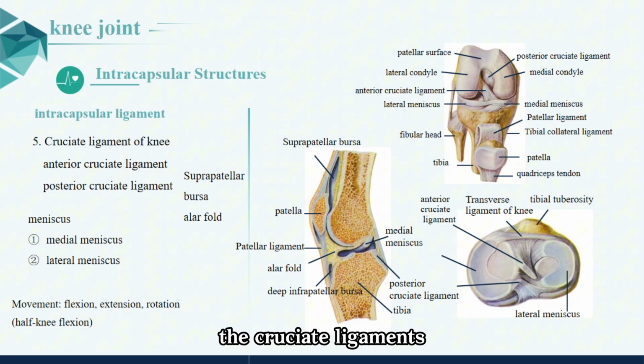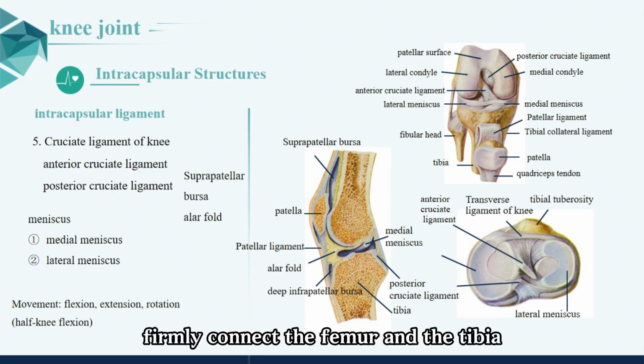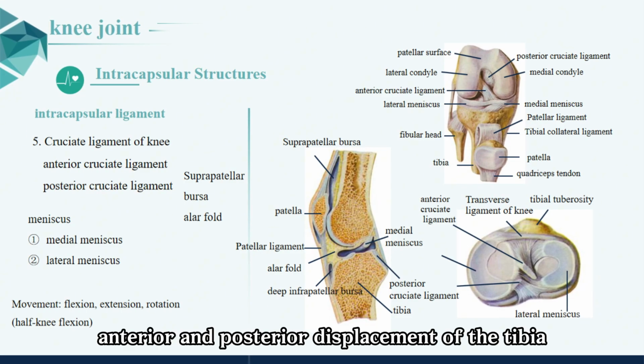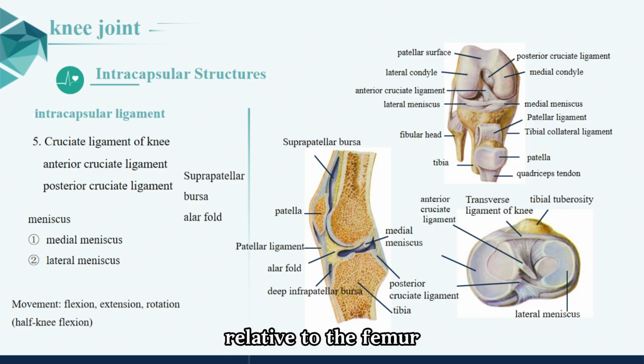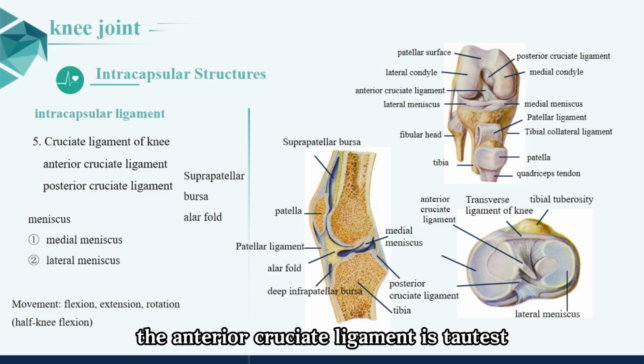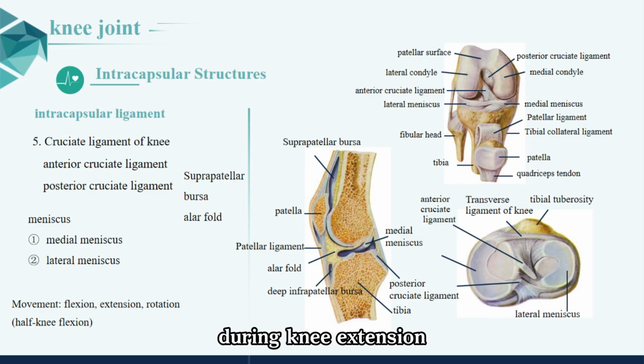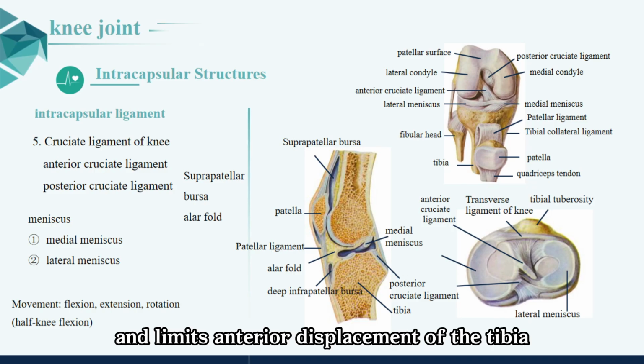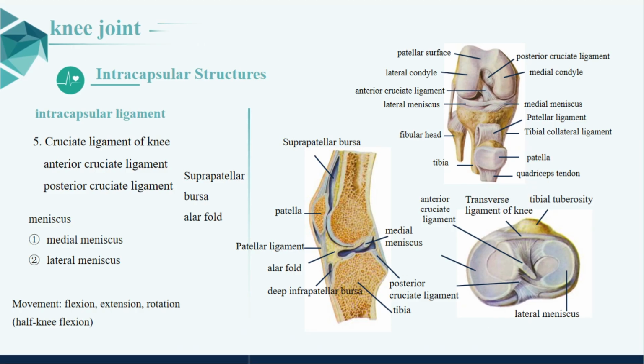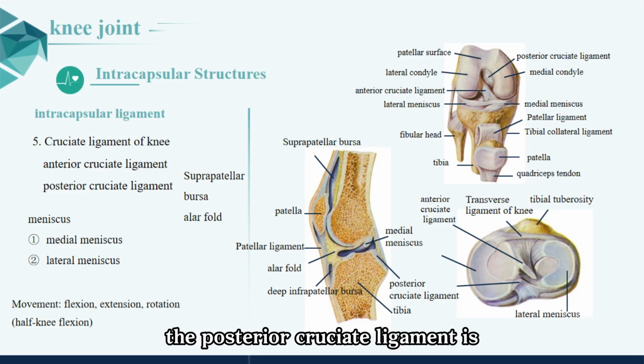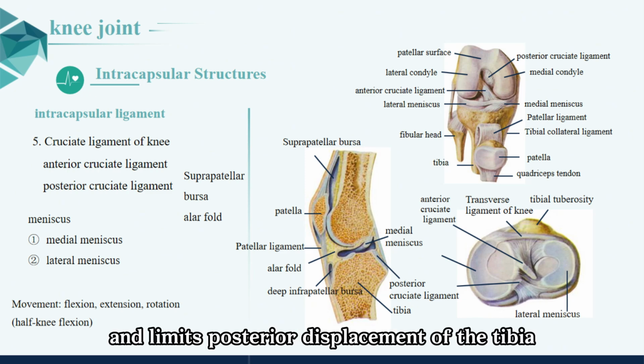The cruciate ligaments firmly connect the femur and the tibia. They restrict anterior and posterior displacement of the tibia relative to the femur. The anterior cruciate ligament is tautest during knee extension and limits anterior displacement of the tibia. The posterior cruciate ligament is tautest during knee flexion and limits posterior displacement of the tibia.